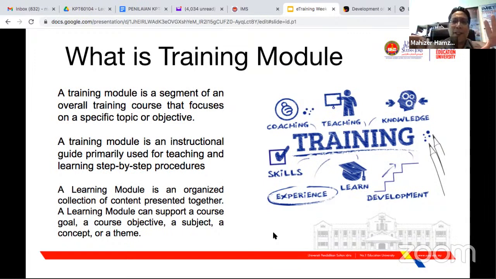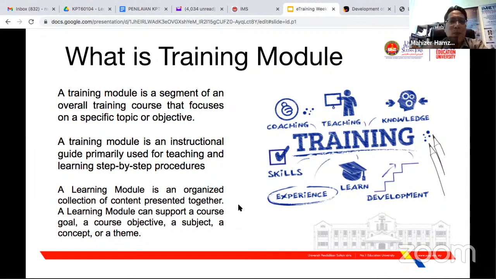Say a factory or company needs us to build a module related to the use of a new machine. They have new employees and would like to train them on how to use the machine. So the whole module is about how to operate the machine, and inside the module there are several segments of training courses that we divide into small units.